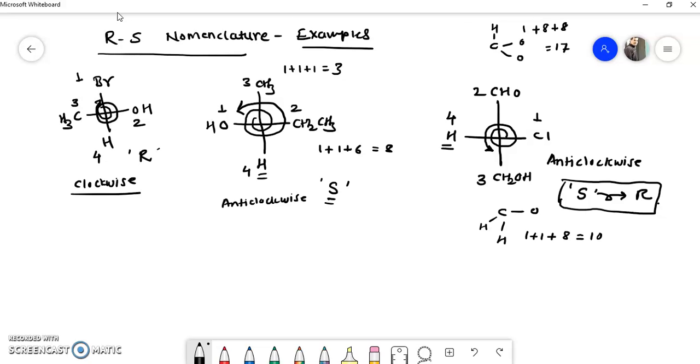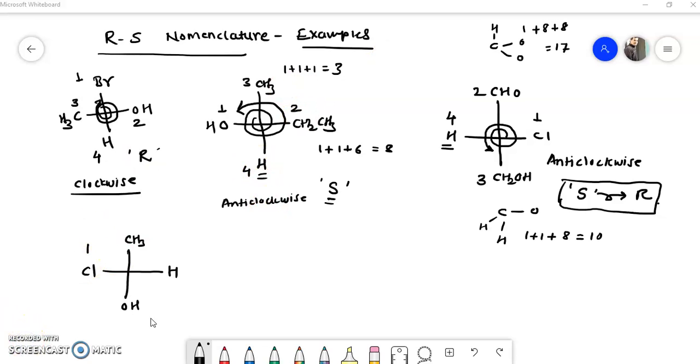We'll see a few more examples. Say for example, suppose here is a CH3, here is a hydrogen, here is an OH, and here is suppose Cl. It is a very simple example. We know that this chlorine will get first priority. Then hydrogen will get second priority, sorry, oxygen will get second priority.